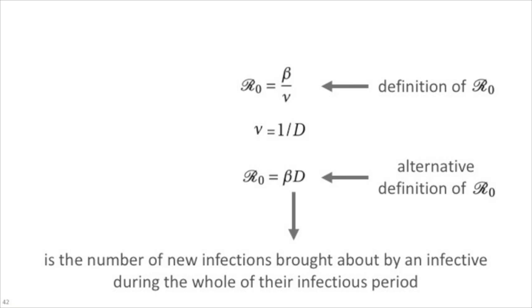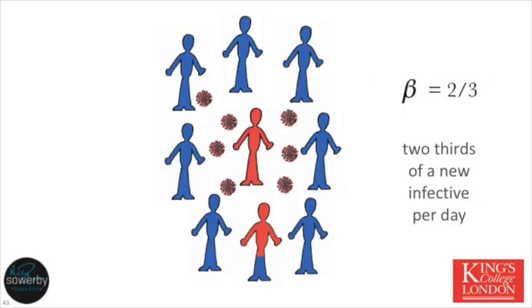Remember that beta is the number of new infections brought about each day by a single infective, assuming that everyone else is susceptible. D is how many days they are infectious for. So beta times D is the total number of new infections the infective brings about before recovering and losing infectiousness. So for example, let beta be 2/3.